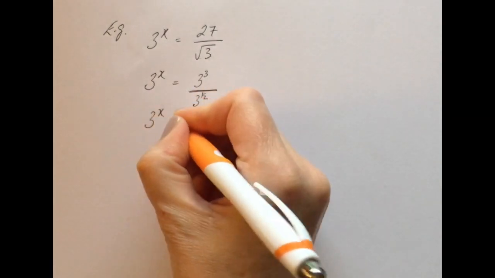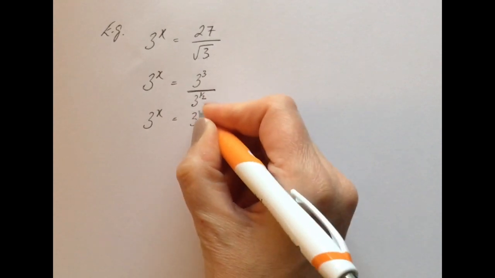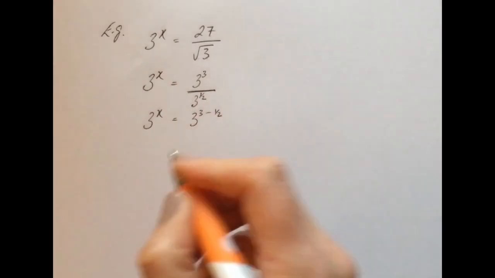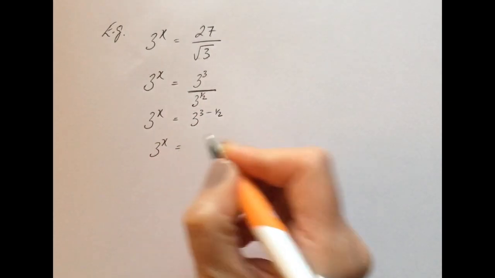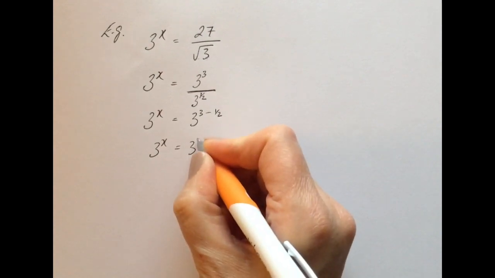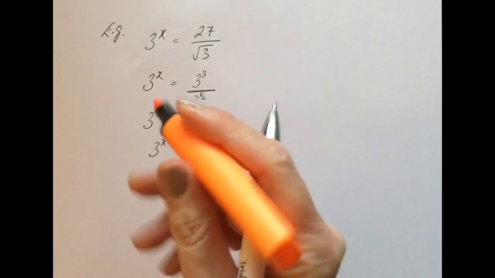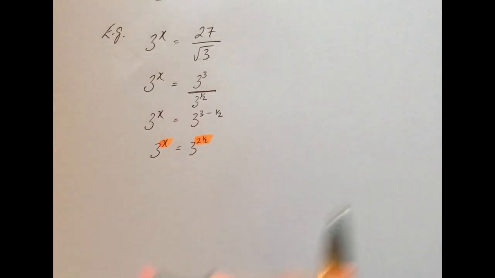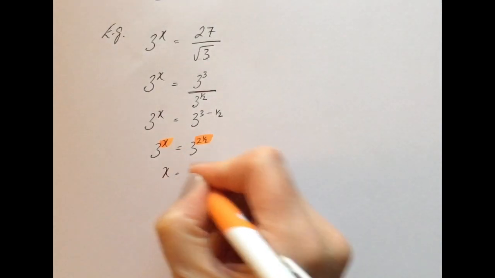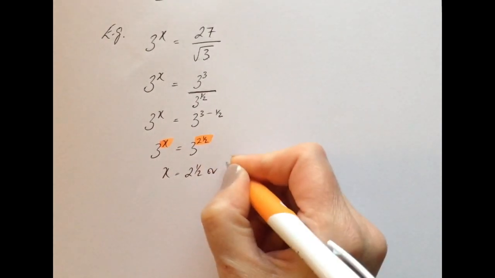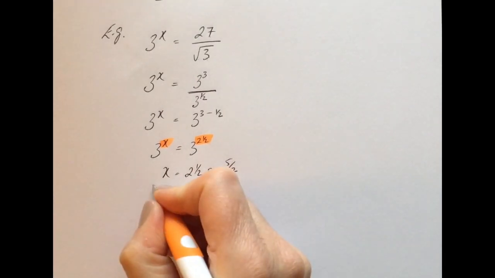That's 3 to the power of x then is equal to 3 to the power of 3 minus a half. And of course, 3 take away a half is the same as 2 1/2, or 5 over 2. Okay, now you have the left-hand side as a power of 3, the right-hand side is a power of 3, so we can equate our powers. So x is equal to 2.5 or 5 over 2.